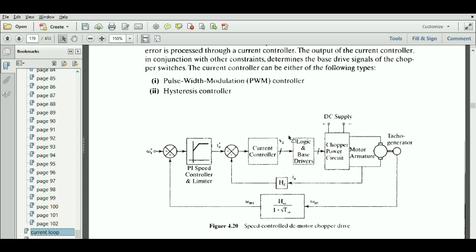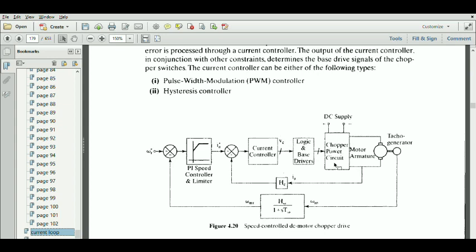We have discussed the pulse width modulation controller and the hysteresis controller. In both of these, the strategies are different, as we already discussed when we were covering those two systems. According to that, you get a control voltage output from the controller, and it is given to a logic based driver, which sets the duty ratio for the chopper power circuit with the information we get from VC.